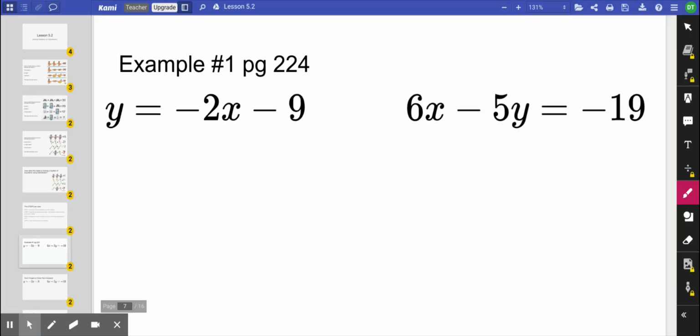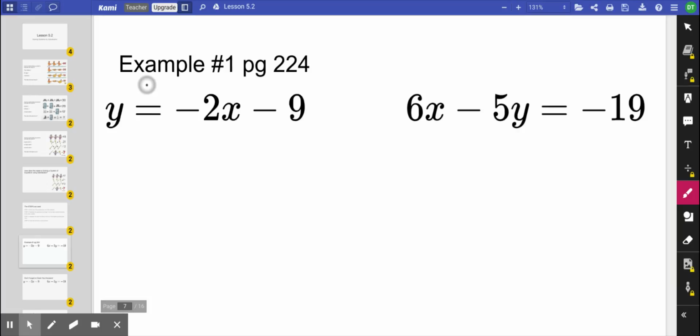So in example number 1, we're starting off kind of easy because step 1 has already been done for us. We already have y equals negative 2x minus 9. So that equation is already solved for the y variable.